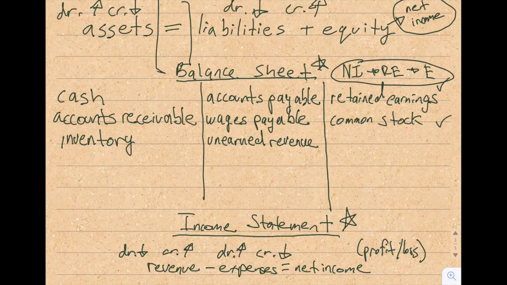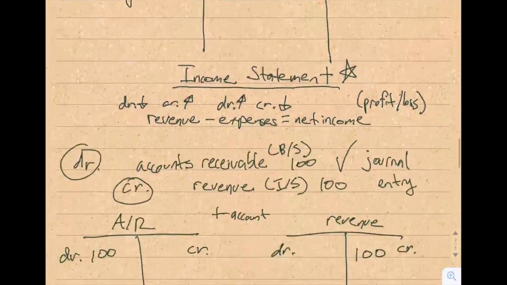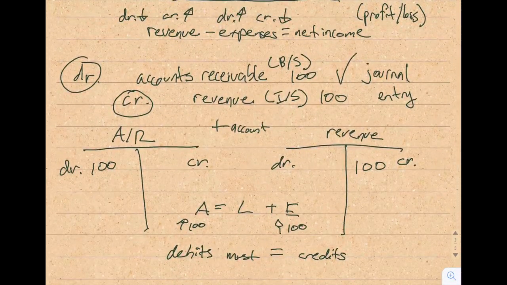But how do you decrease equity? Also with a debit. So that's a little bit tricky, but just make sure to be really careful with that, to keep your debits and your credits straight, and you shouldn't run into any problems.